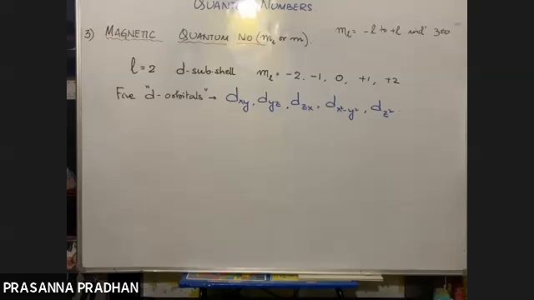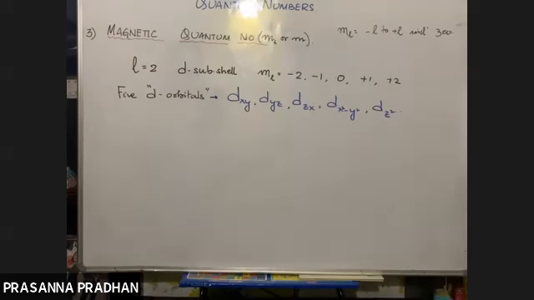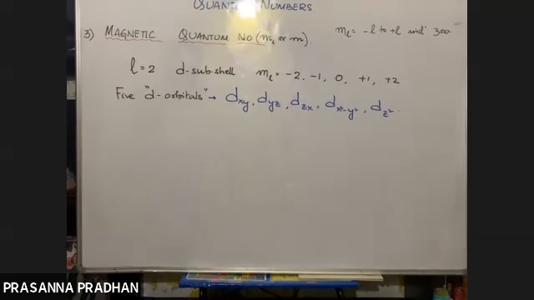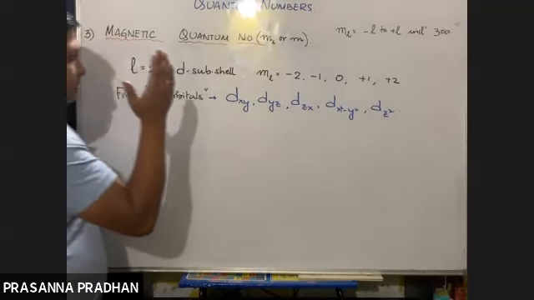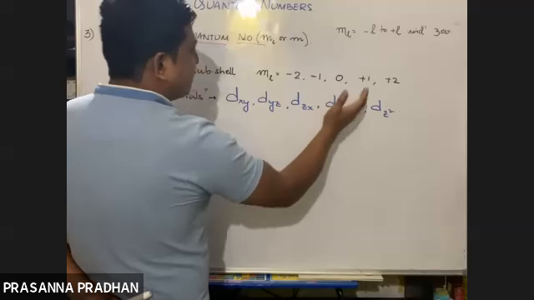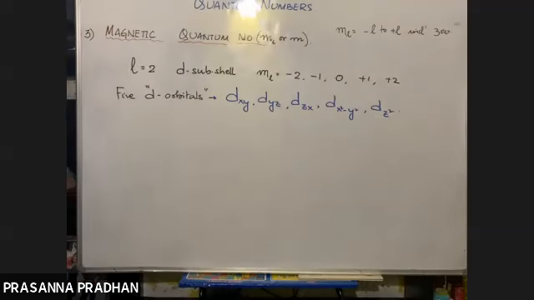So these are the designations of the 5 d orbitals. What is the shape? Double dumbbell, I told you.